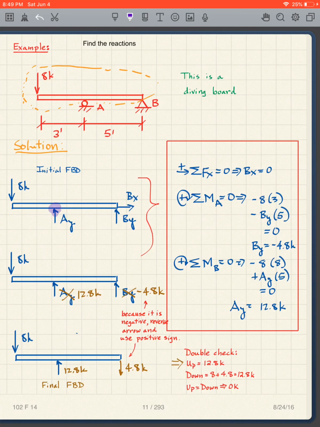So this is the center of my clock, A. And we can do force times distance. Well, 8 times 3. So I write down 8 times 3. By times 5. And notice Bx goes through point A, so I don't even need to include it. But now I look at the signs. I'm taking moments about point A. Here's my hand of my clock. That's sending that hand of the clock counterclockwise, so it's negative.